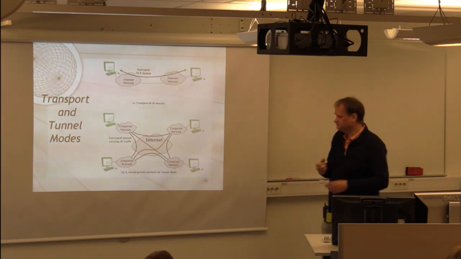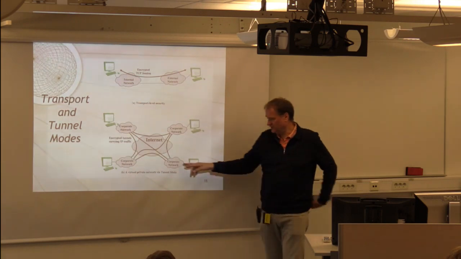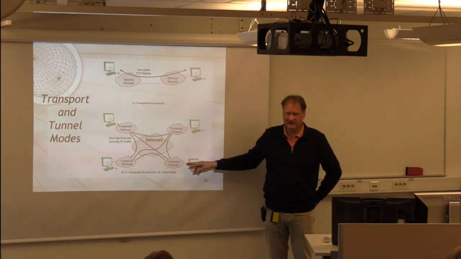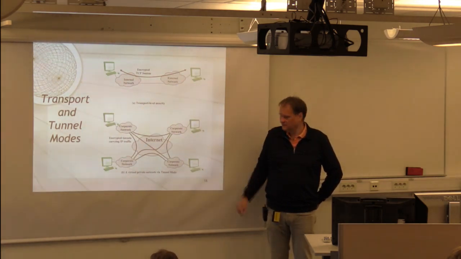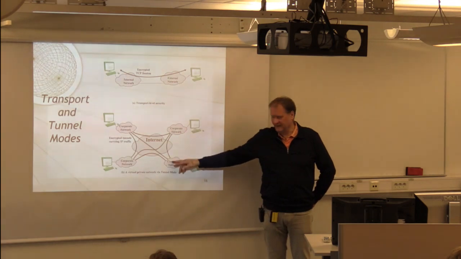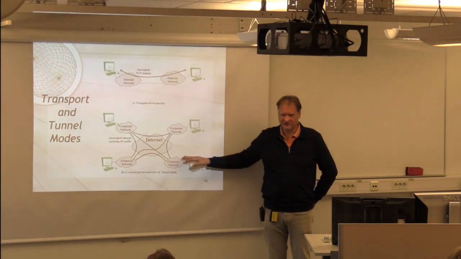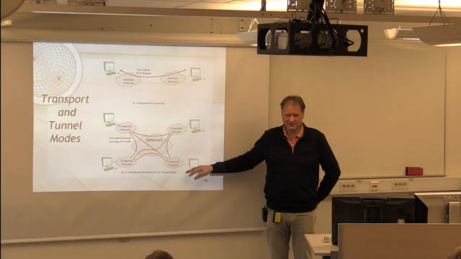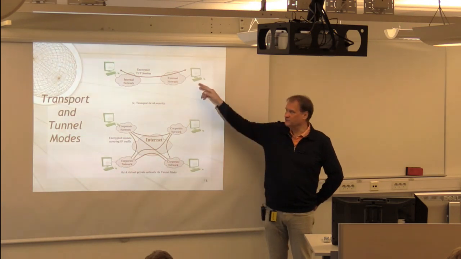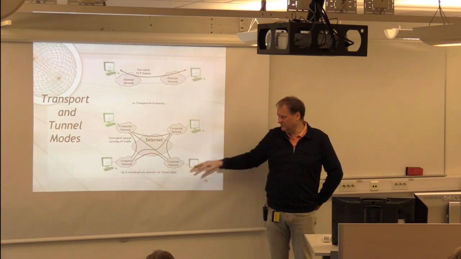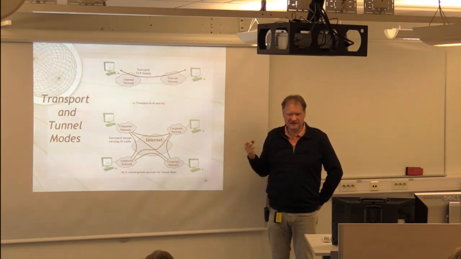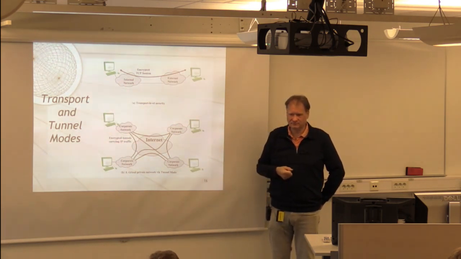Because say that in this network here, we actually have an insider that is doing an attack on the network. Since the tunnel ends at the edge of a network, the traffic here internally is not protected with tunnel mode. But if we use transport mode, it will be end-to-end, so it will be protected all the way until that last computer.